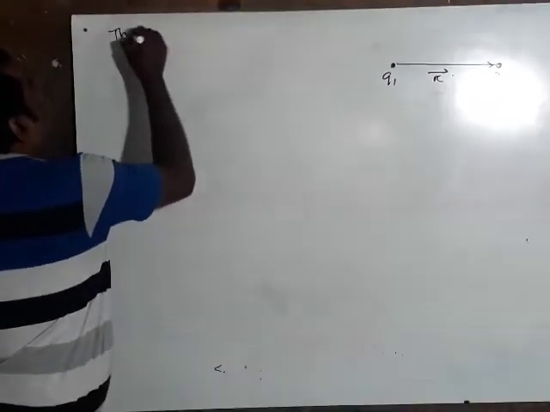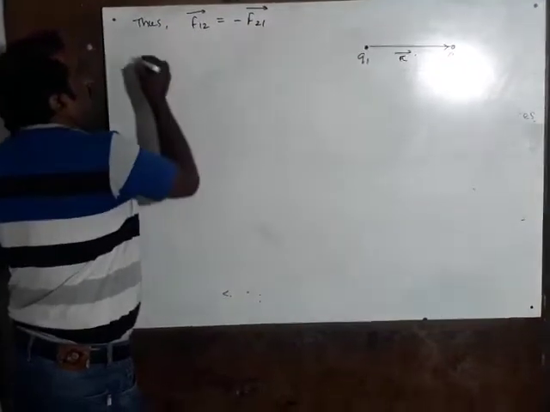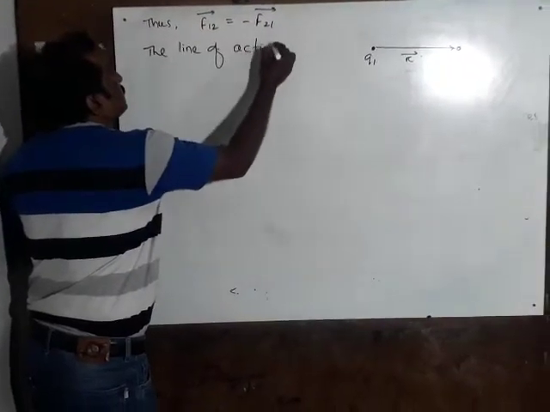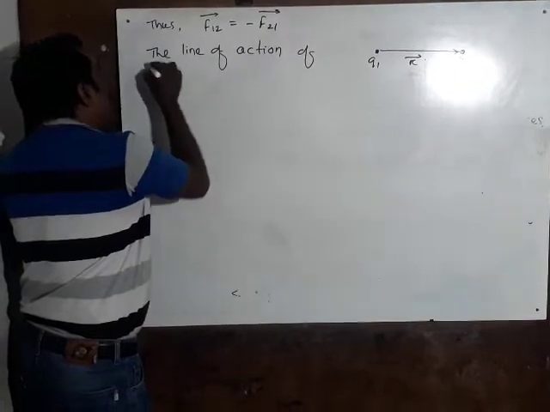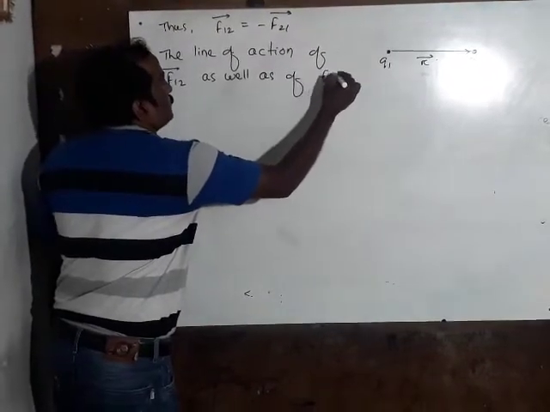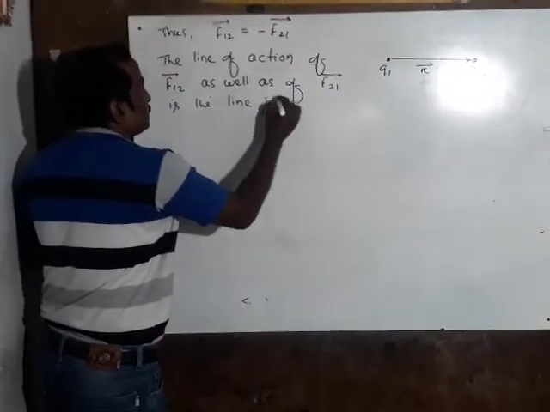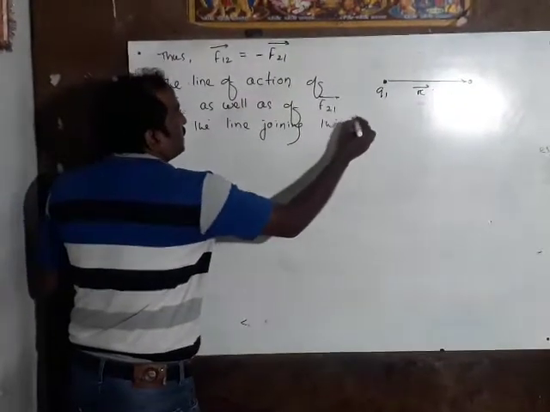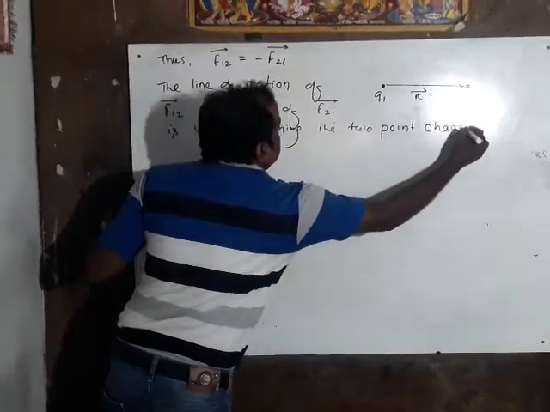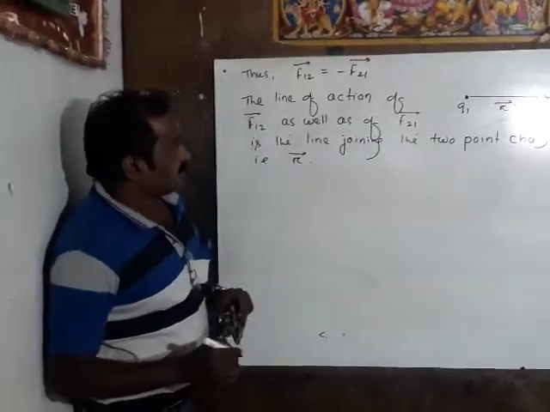Thus F12 equals minus F21, and the line of action of F12 as well as of F21 is the line joining the two point charges, that is R. Clear?